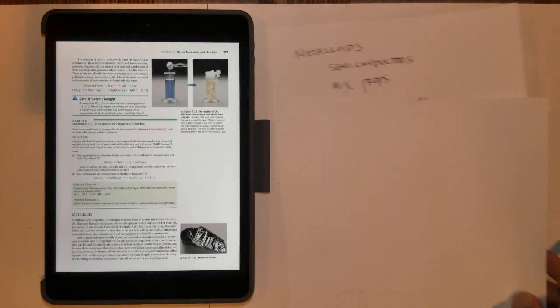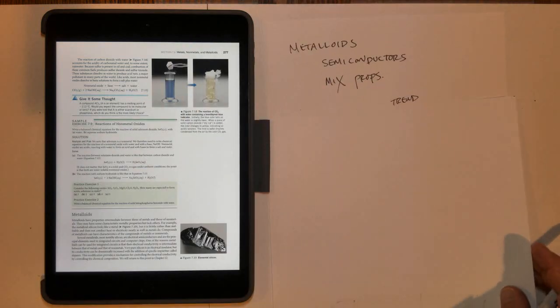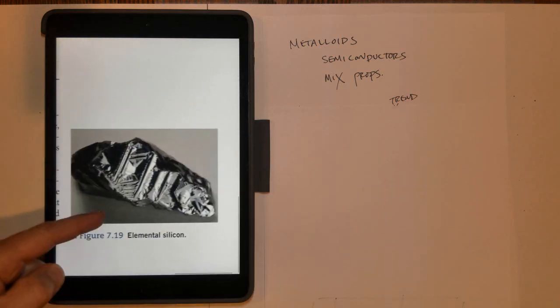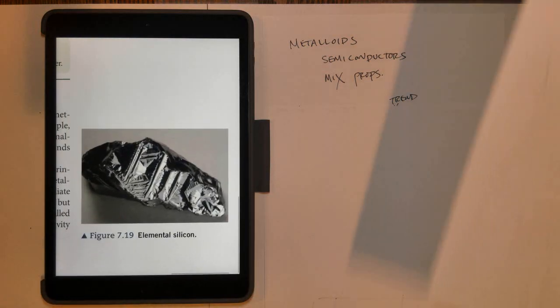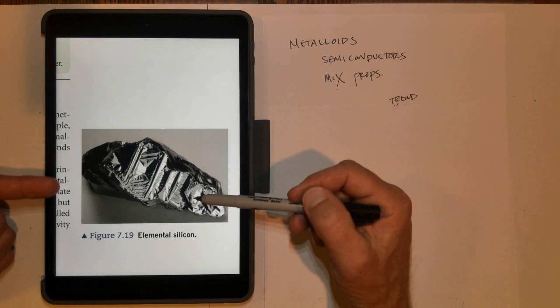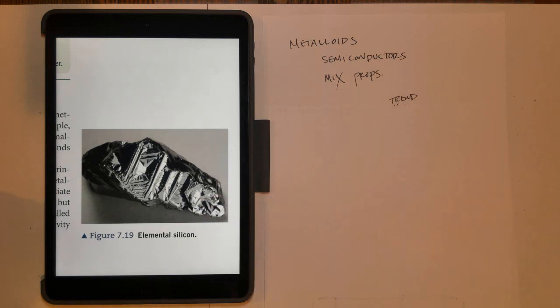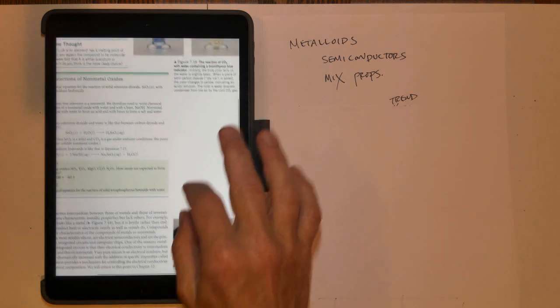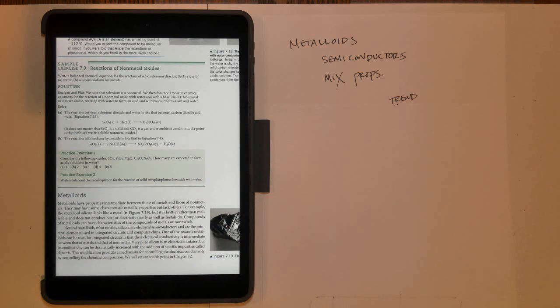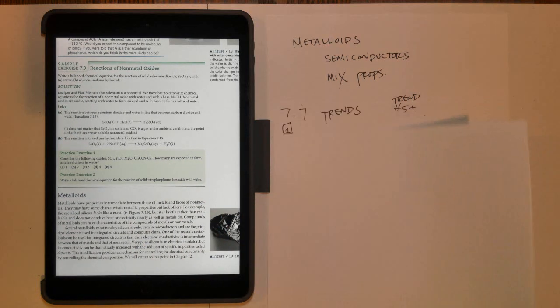They'll be shiny, maybe like a metal, but then they'll also be semiconductors. Silicon is an excellent example of that because it looks like a metal, and yet it only sort of conducts electricity, and so it's sort of an insulator as well. So they can be kind of a mix of both.